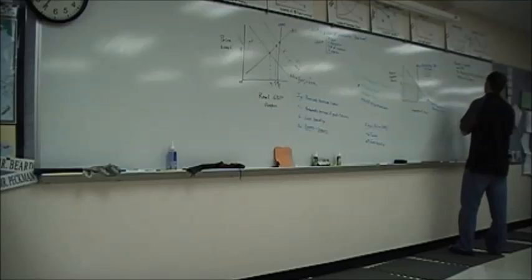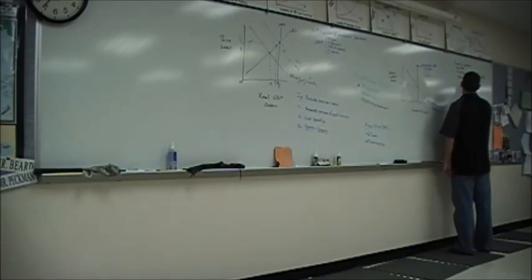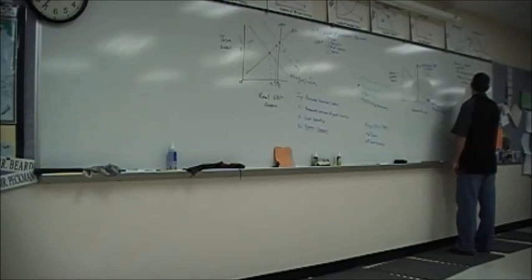By increasing AD, we know that a couple things are going to occur. This isn't really, they're not going to ask you really about this so much on the AP exam, but we do know that it's going to increase real GDP, which is essentially a decrease in unemployment.